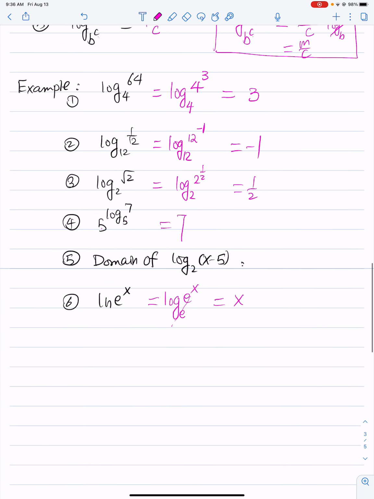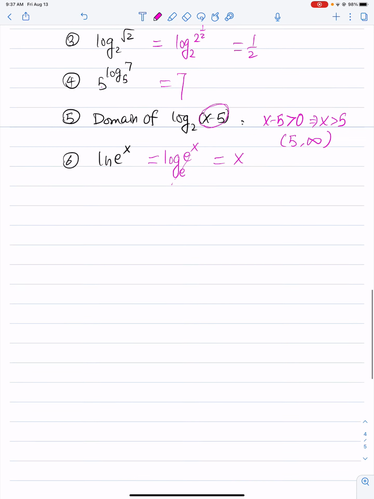x. And what is the domain? Domain is whatever the inside here is: x minus 5 has to be bigger than 0, then x bigger than what? 5. What will be the interval notation then? 5 to infinity.